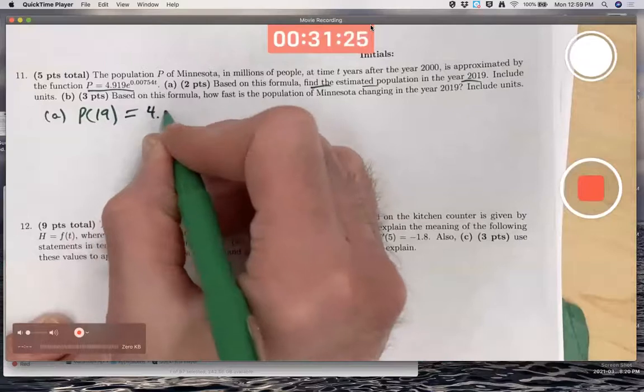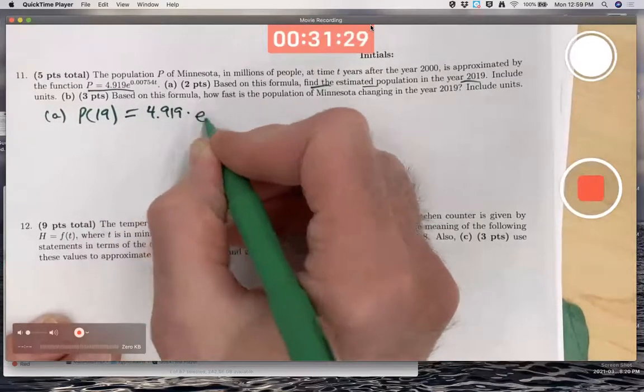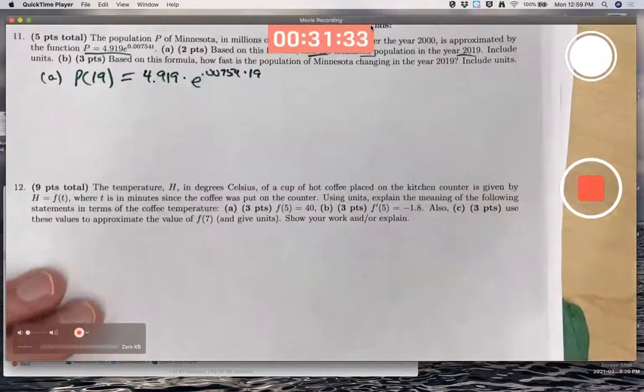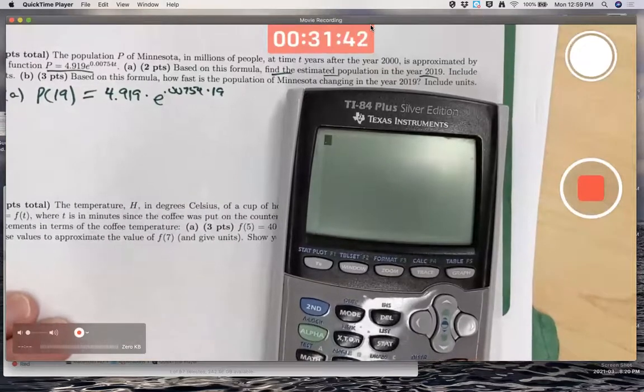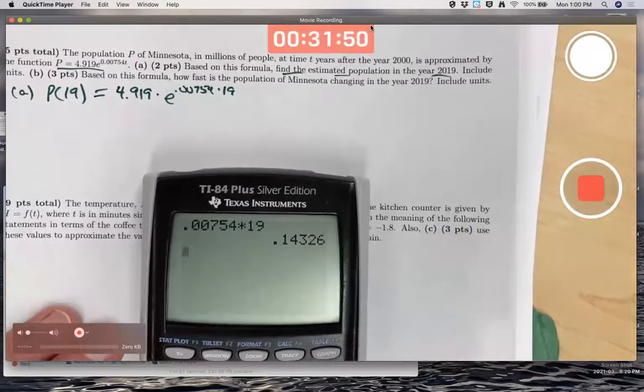Well, this is just a matter of plugging the numbers into the function. So we take 4.919 e to the 0.00754 times 19. Okay, so that's not a calculus problem. That's just an algebra problem, or a pre-calculus problem, you might say. Maybe you feel like figuring out 0.00754 times 19 first, thinking in terms of trying to get as much partial credit as possible on a problem.